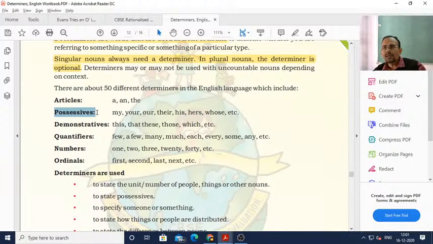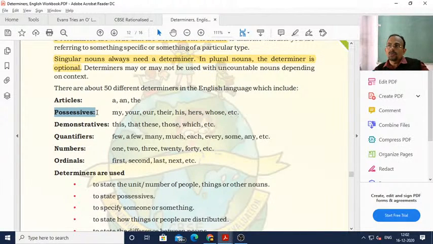You cannot say "this is my" and stop. You have to say this is my book, this is my mobile, this is my key, this is my ball. So we have to use a noun whenever we use possessives. And what are possessives? Possessives are those words which show possession or ownership. When I say this is my house, the word my shows the possession. Whose possession? My possession.